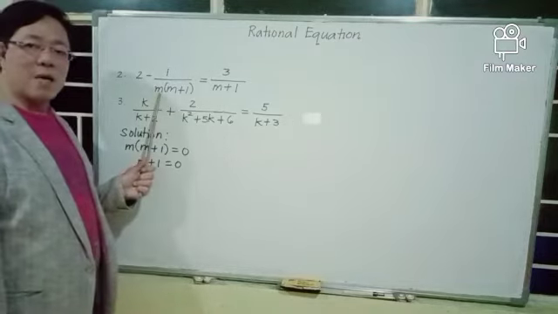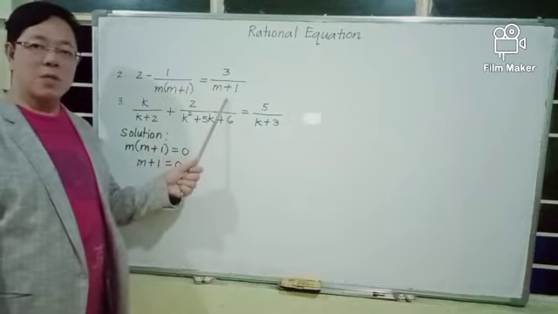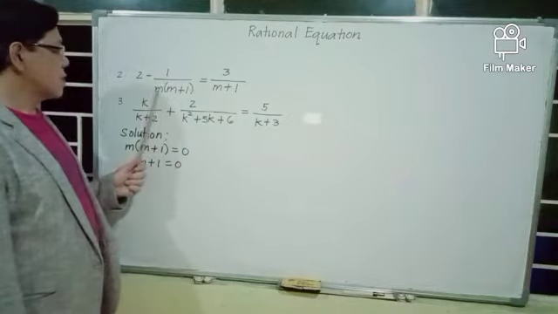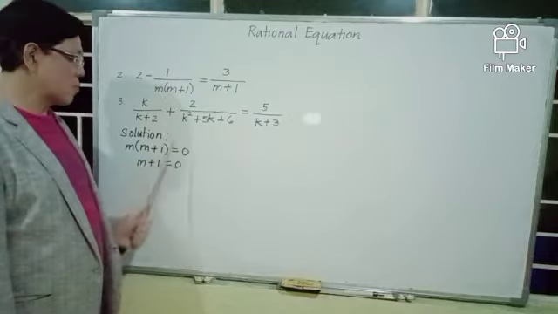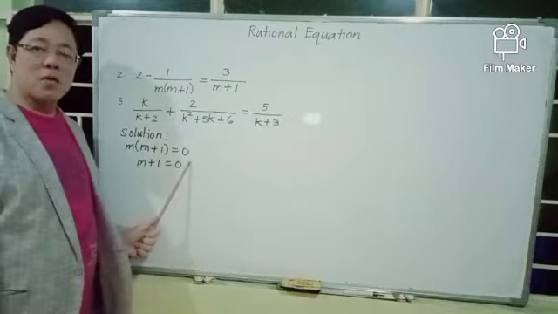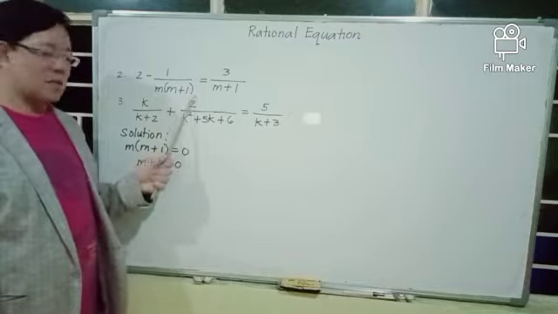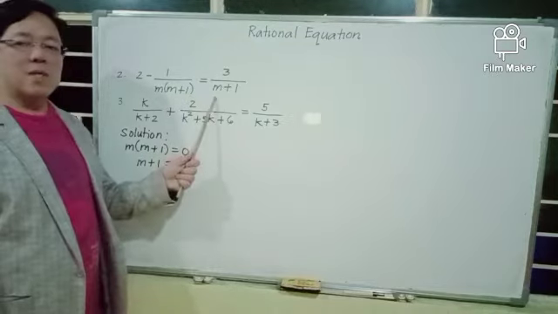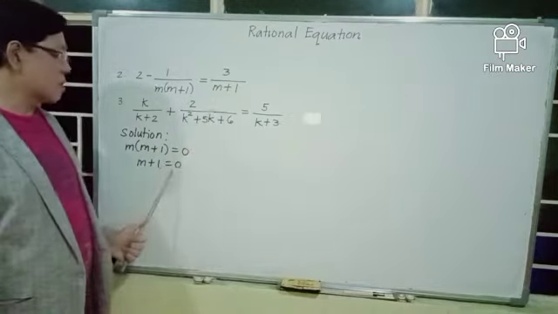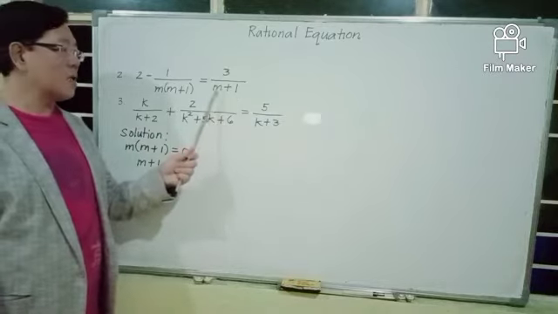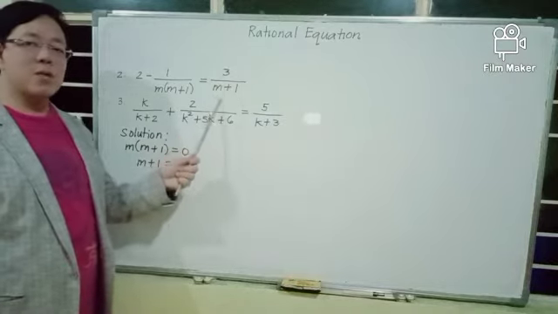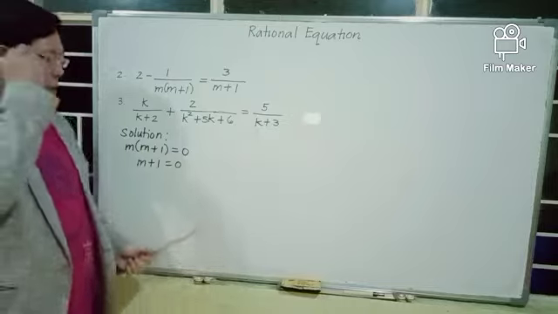So we set each denominator to 0. We set m times quantity m plus 1 equals 0 because we want to find the values of m that will make this product 0. Also, we set m plus 1 equals 0 because we want to find the value of m that will make the denominator m plus 1 0.